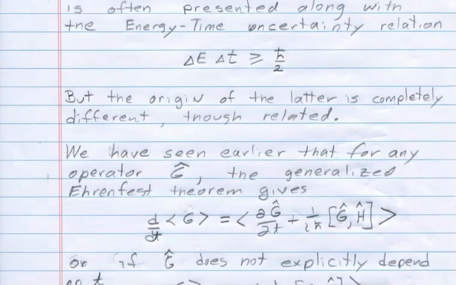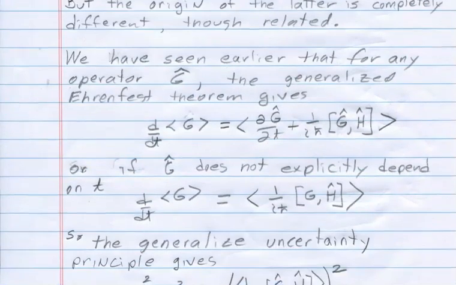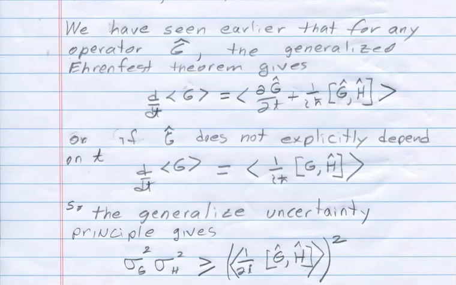And it boils back down to what we've covered previously in the previous segments. Just recall, for any Hermitian operator G, the generalized Ehrenfest theorem gives the time evolution of the expectation value as the expectation value of this operator. Again, these are sandwiched in between psi's.